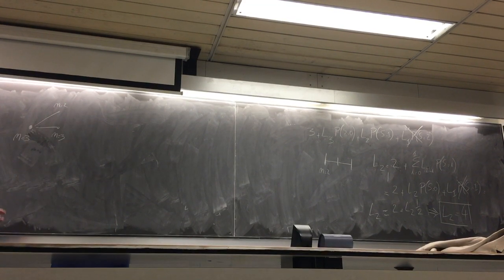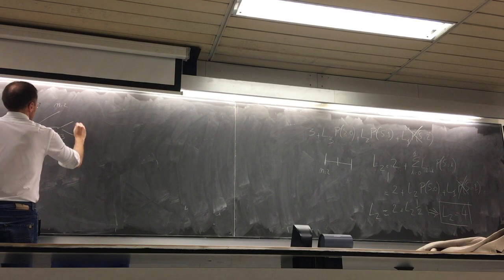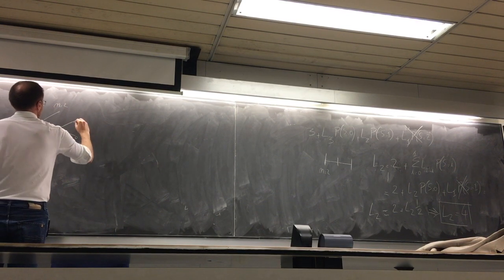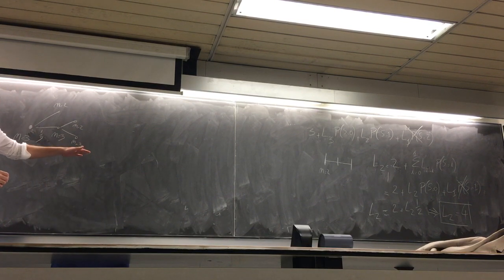So you ask yourself, if I'm here, which happens with probability 1/9, how much time does it take to solve the thing from here on? You have the same 3, because from here you still have 2 branches, n equal to 3 or n equal to 2, and you go on like this.